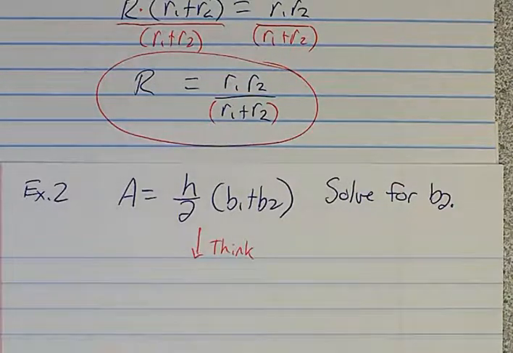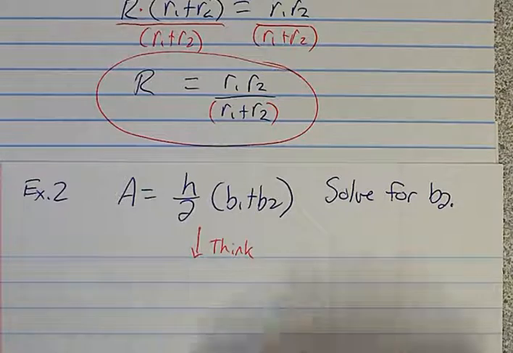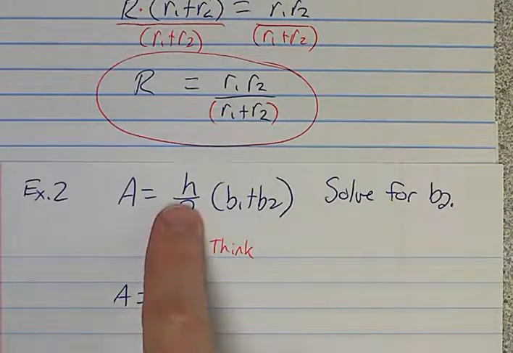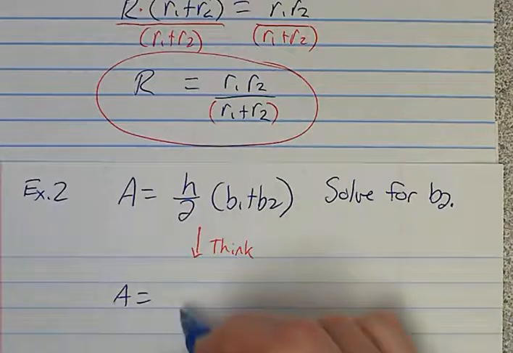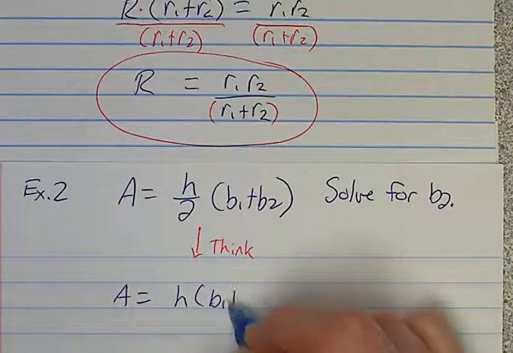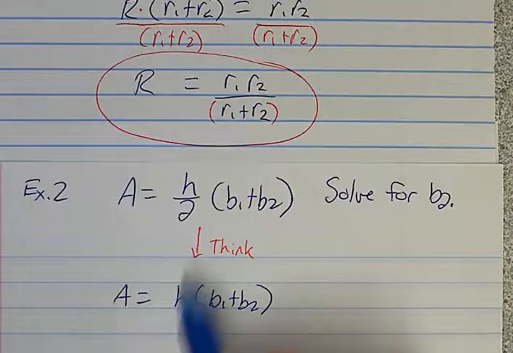Now this one, we're going to do one little small change, because sometimes they give you a problem like this, because the first time I had it, it threw me off a little bit. If you get one like this, you almost have to kind of think about it or rewrite it as this, that this is H times B1 plus B2, and then it's H divided by 2.